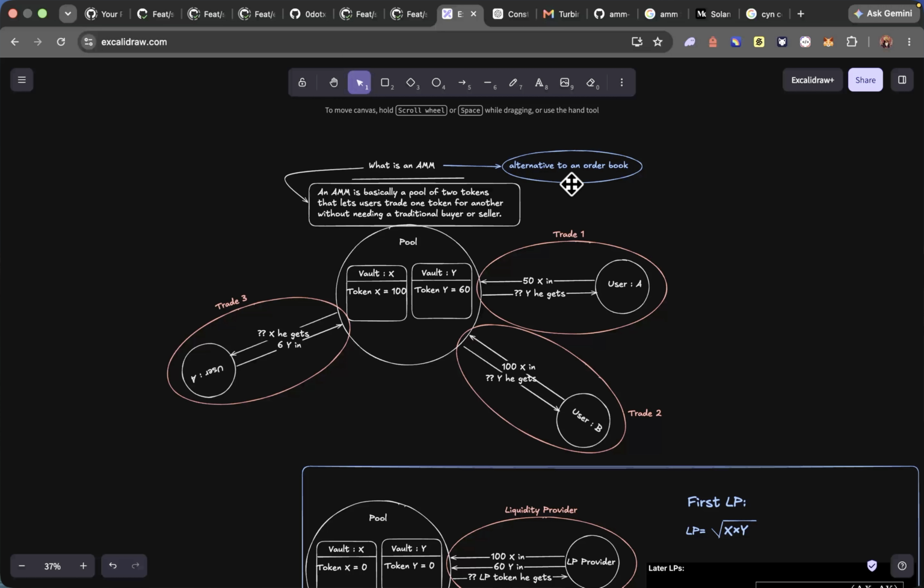But you need either a person to create that order or to facilitate that order, or you need an engine which will do that. So basically, to avoid this order book stuff, the AMM was created.